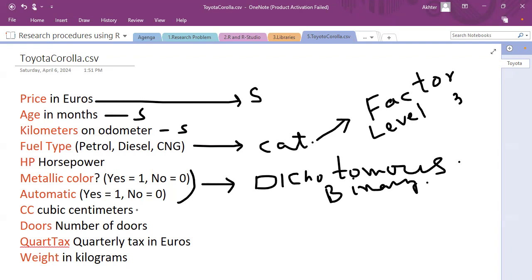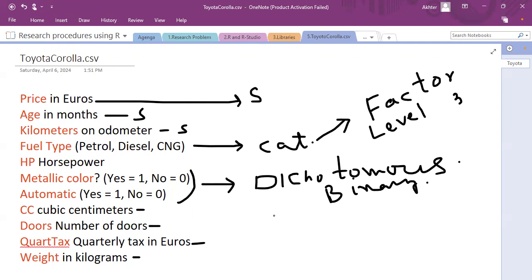Similarly, CC is a scaled variable, as are number of doors, the quarterly tax paid by the customers, and the weight of the car. Some of the variables are numeric or scaled, but three variables here are not purely numeric: metallic color, automatic car, and horsepower.